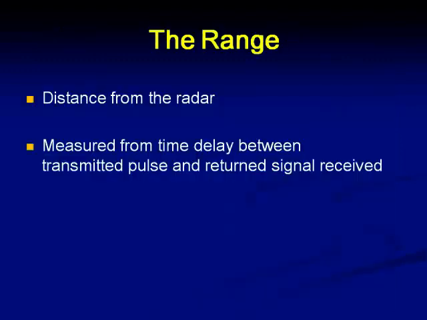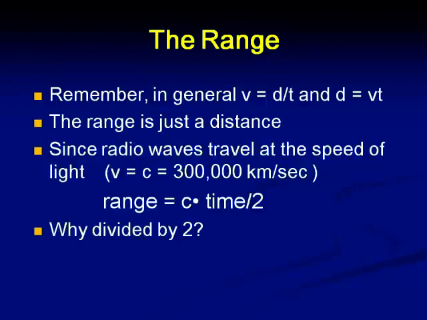As mentioned earlier, the range is decided based on the time elapsed for the signal from the transmitter to go to target and return to the receiver. This time into velocity of the wave in the free space, that is c, by 2 gives you the range, which is a very simple calculation.